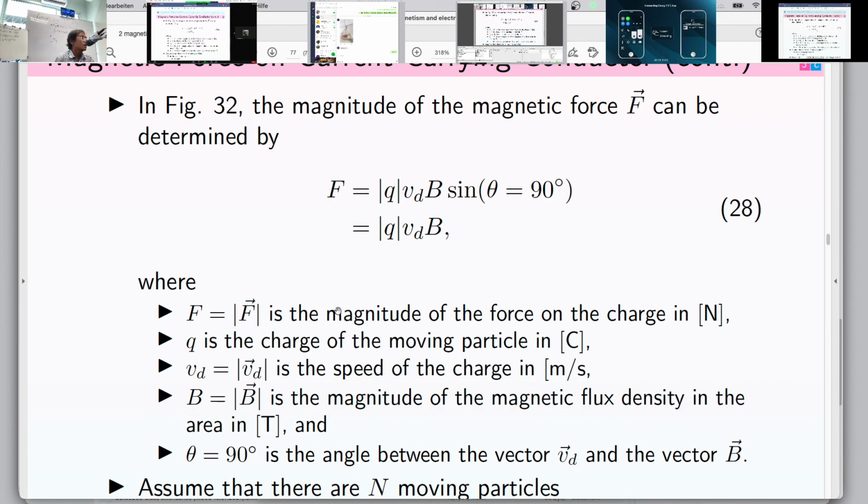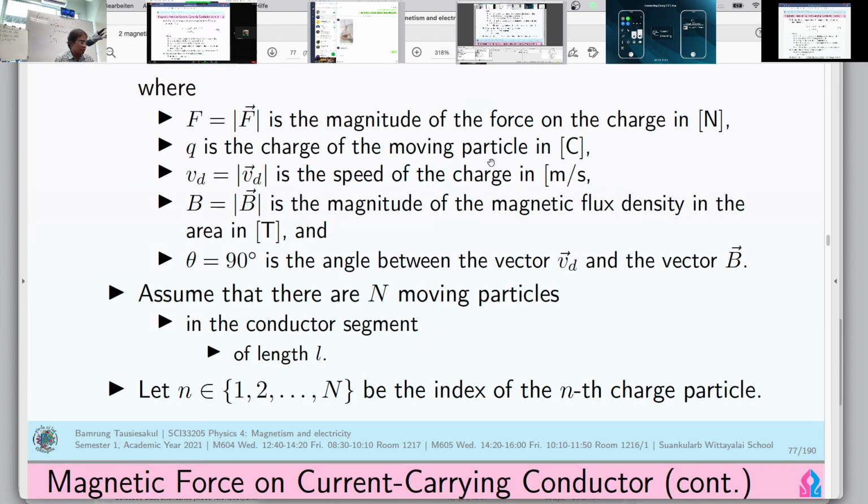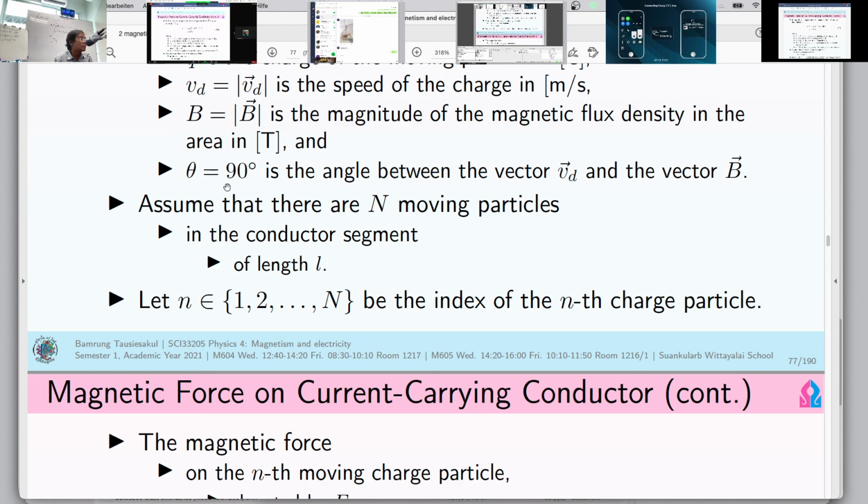F is the magnitude of the vector F. Q is the charge of that moving particle, and Vd is the drift speed or drift velocity, and B is the magnetic field or magnetic flux density, in Tesla. The angle is 90 degrees, especially for this situation, when the angle between V and B is a right angle, which is 90 degrees.